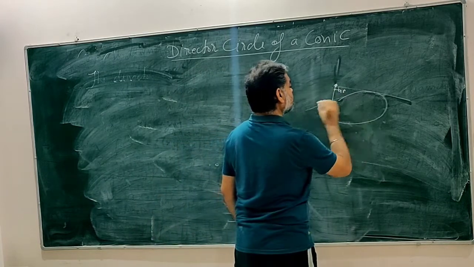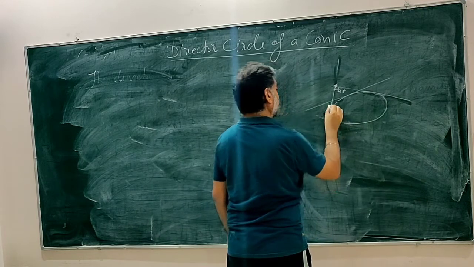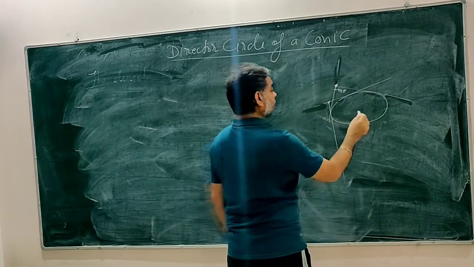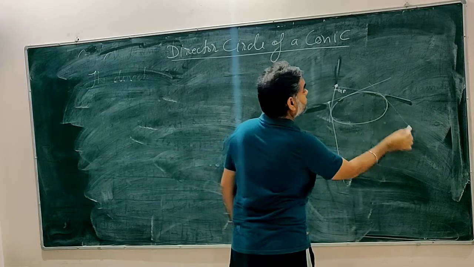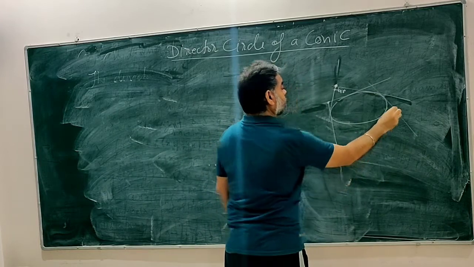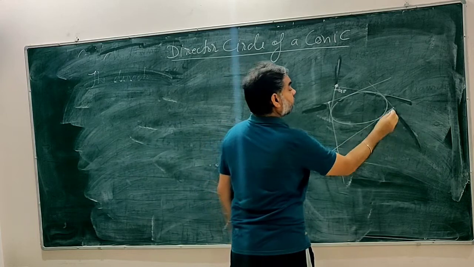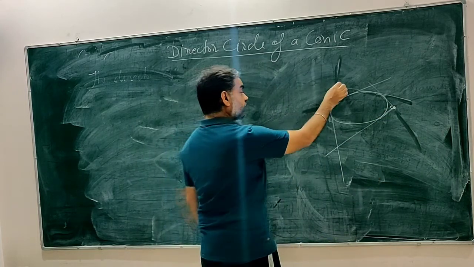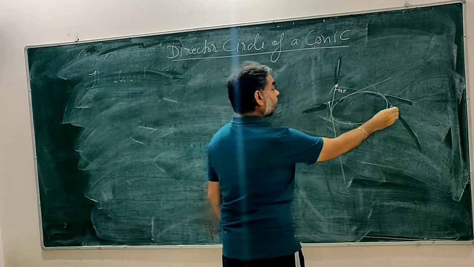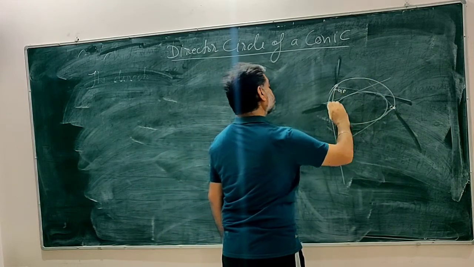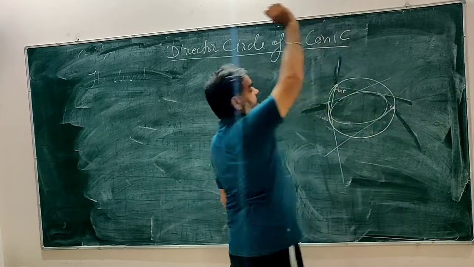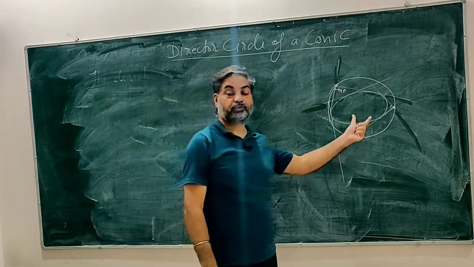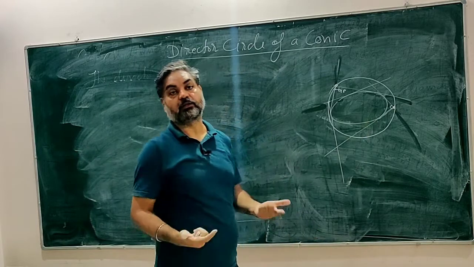This is another pair of tangents. The point of intersection is this, and suppose you have this tangent and this tangent. They are also perpendicular to each other. So the locus of the point of intersection of all such tangents will make a circle.